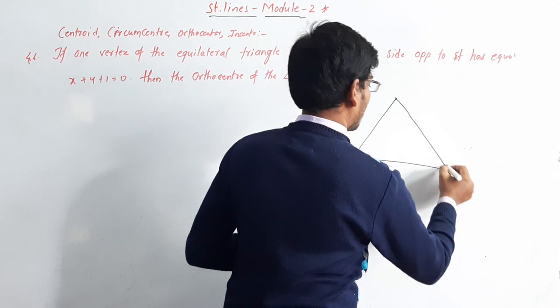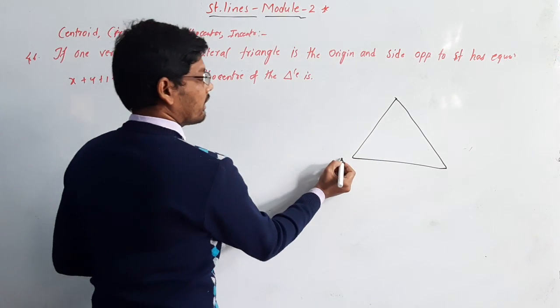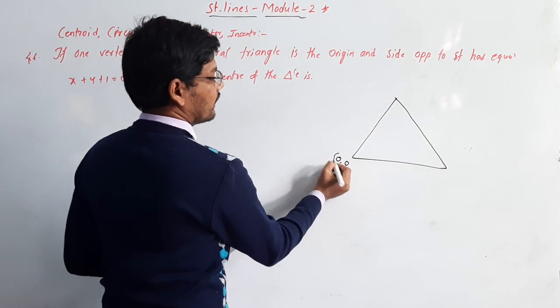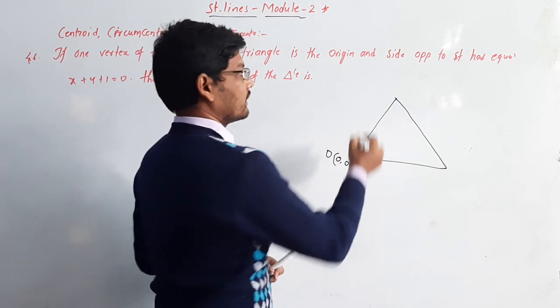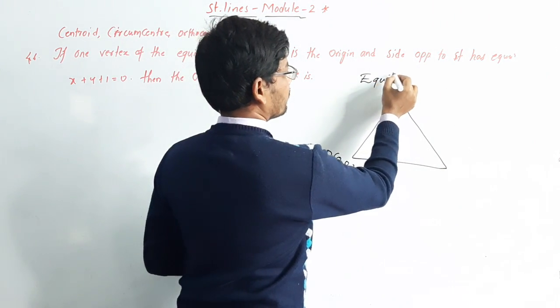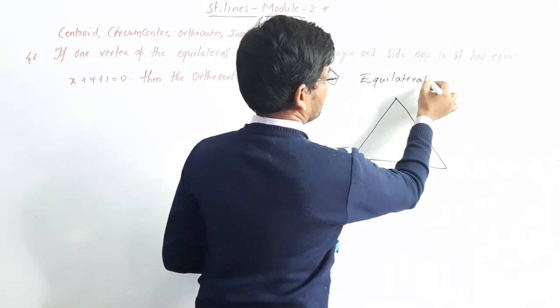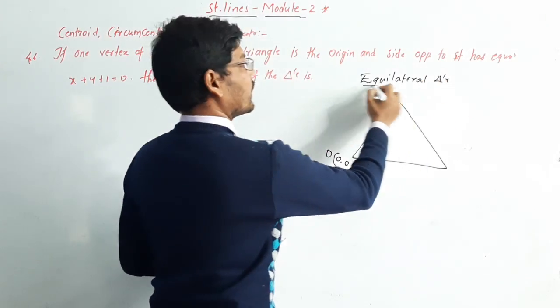So this is the triangle I am taking. One vertex of the equilateral triangle, this is an equilateral triangle, so all sides are equal.